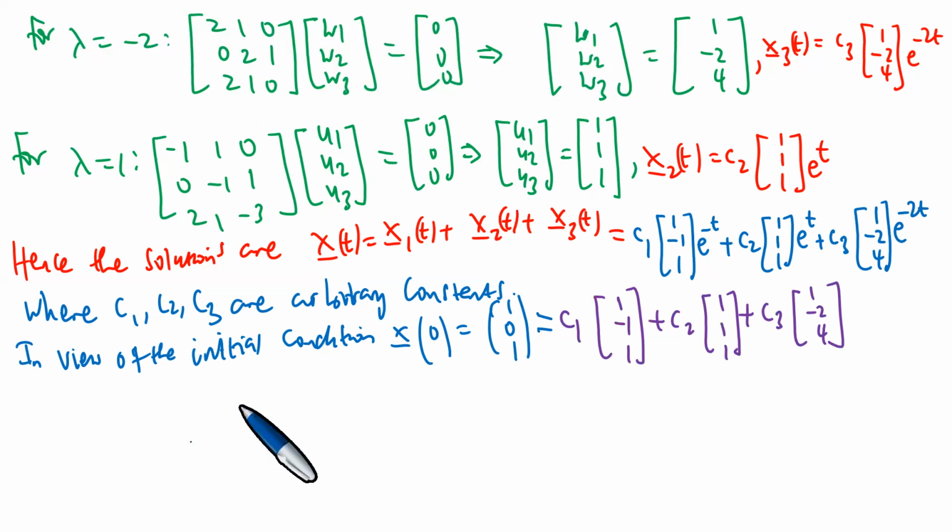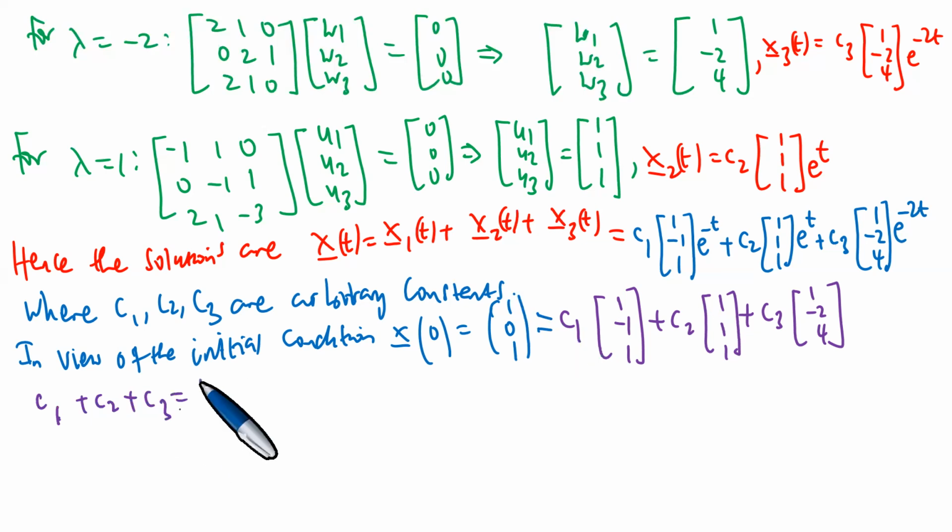So which means that you have C1 plus C2 plus C3 is 1.